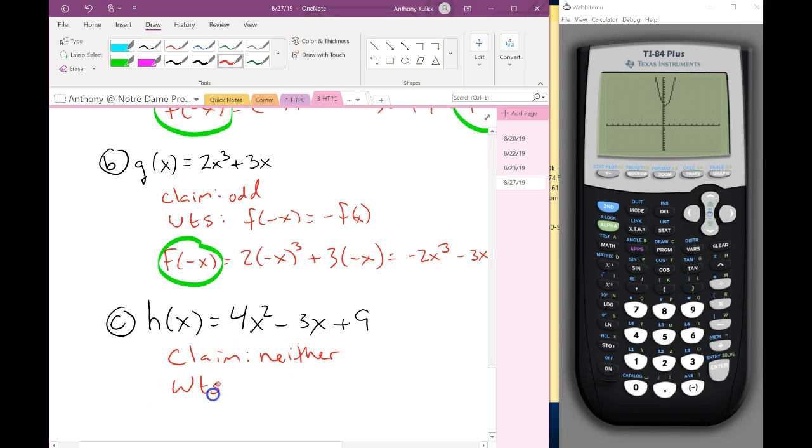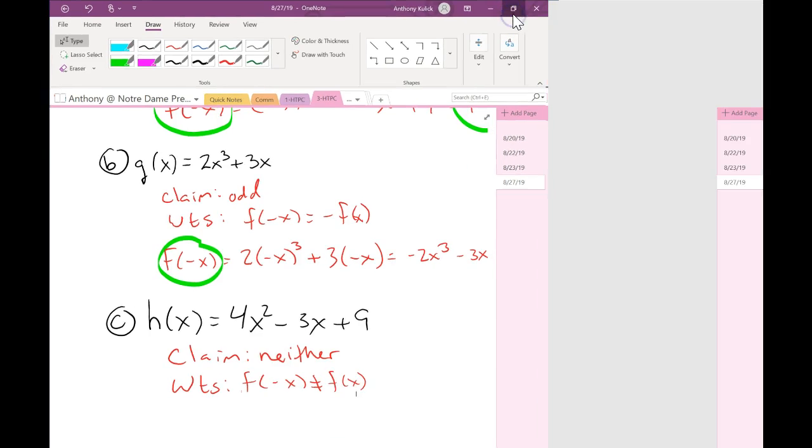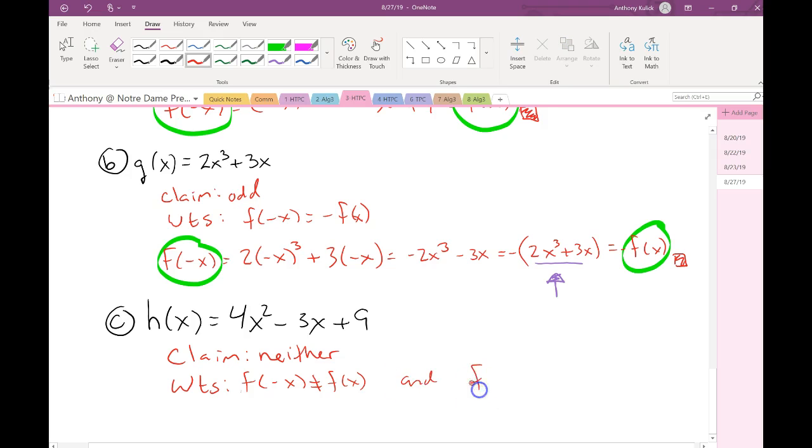So we need to show actually 2 things. We need to show f of negative x is not equal to f of x, and f of negative x is not equal to negative f of x. So basically we're just going to show that it's not even and not odd. Everything else is the neither category, right?